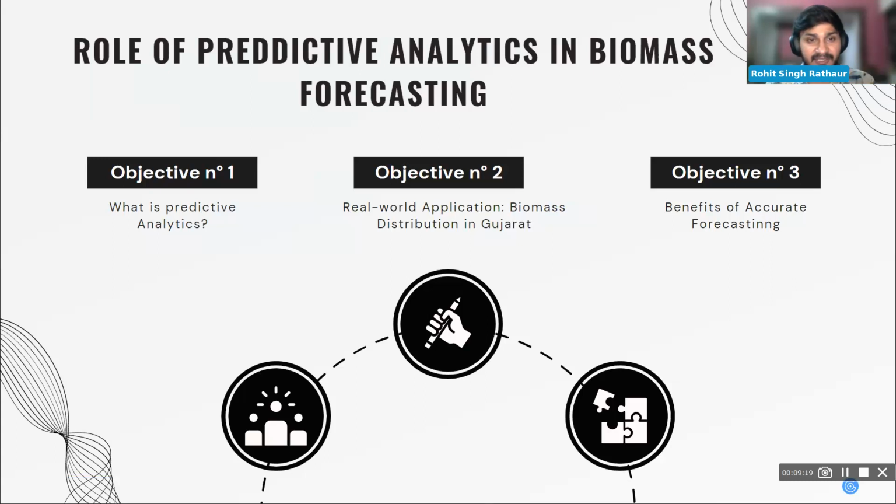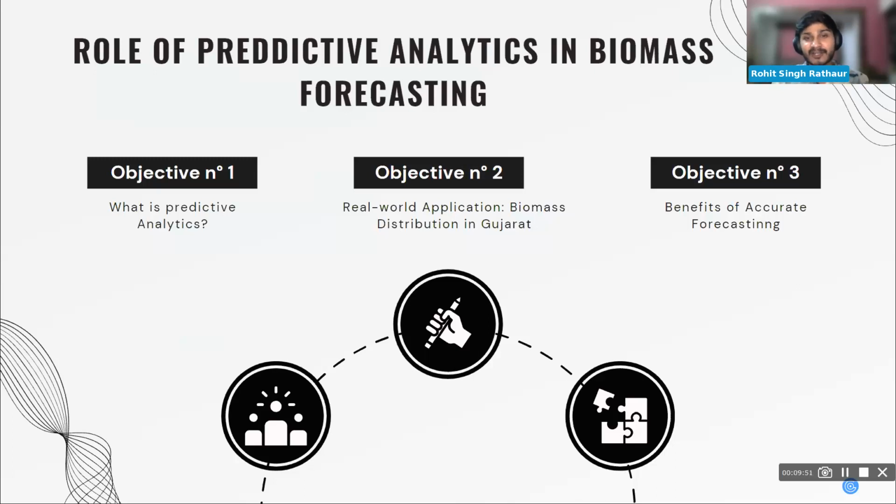As we dive deeper into the world of sustainable energy, one tool emerges as particularly potent, which is predictive analytics. What exactly is it? At its core, predictive analytics utilizes statistical algorithms and machine learning techniques to identify the likelihood of future outcomes based on historical data.